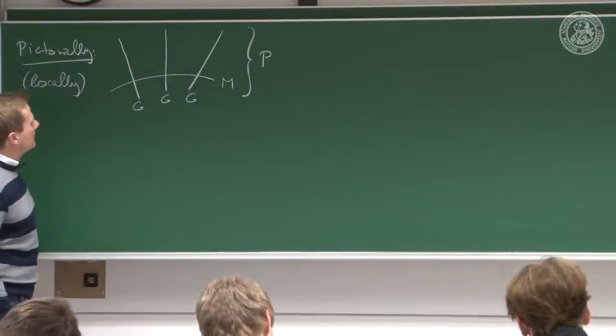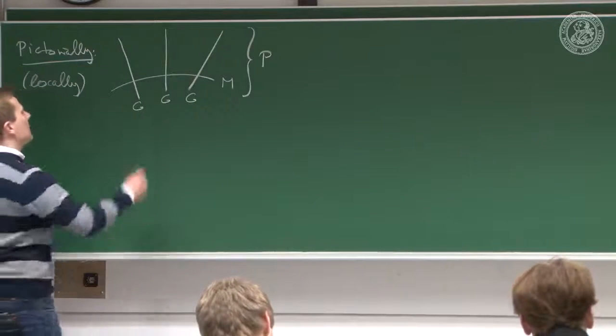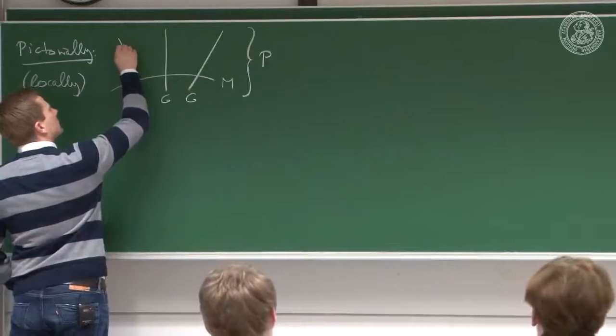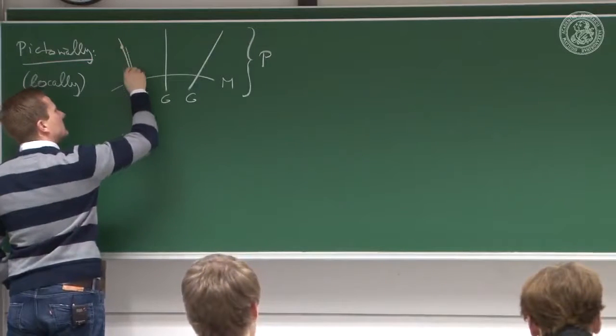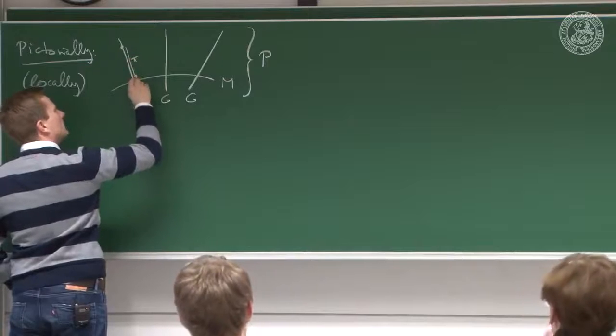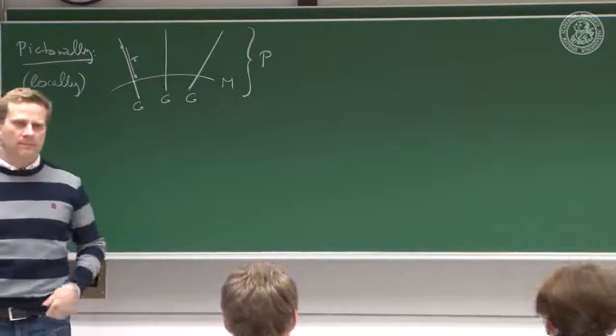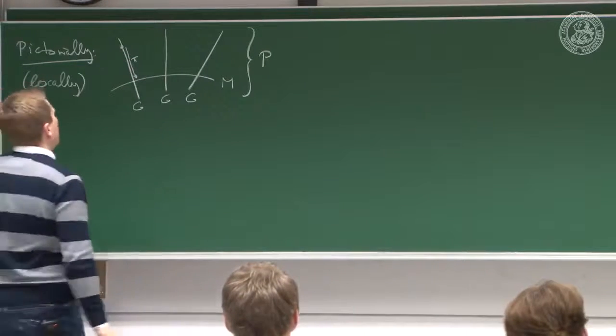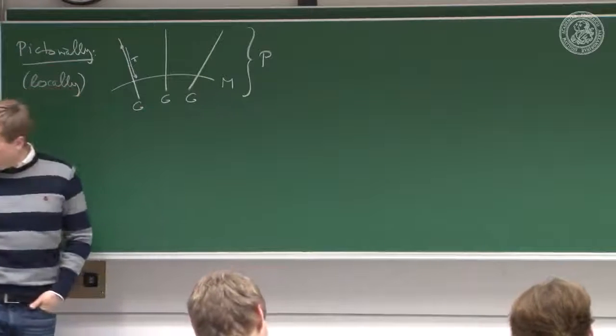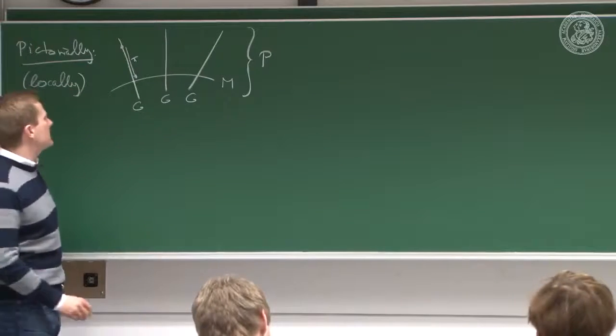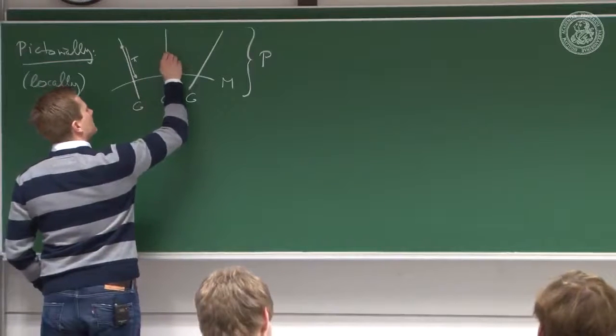And now let's think, what does the pi projection map do? It takes a point from here and projects it down to the base point, right? And now the question is, what is the vertical subspace at a point P here, for instance?